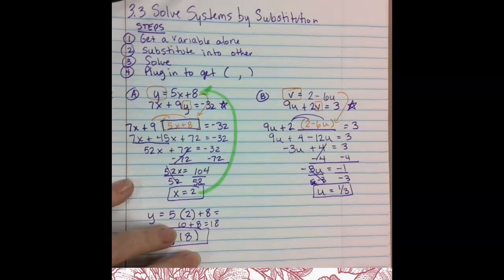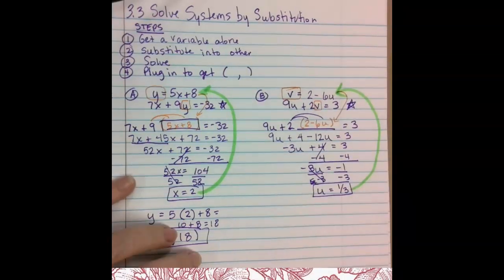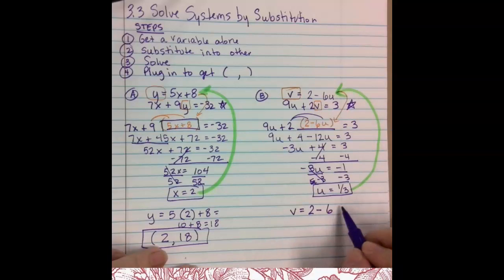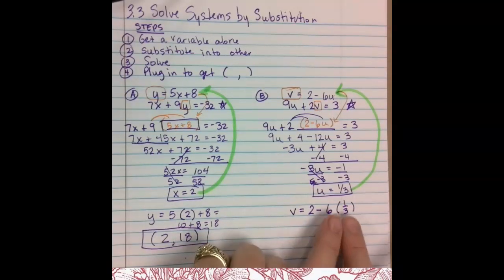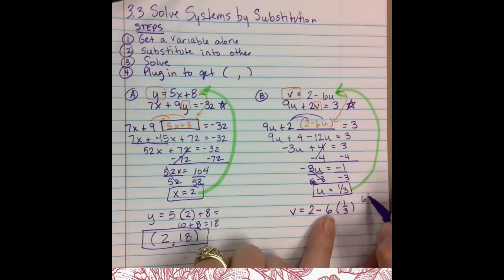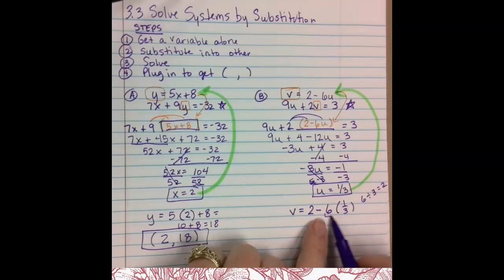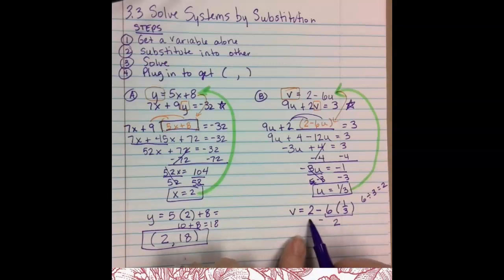Now I have my last step, plug it in to get my point. I'm going to plug it into my first equation up here. So I've got v equals 2 minus 6, and then u is going to be 1/3. This isn't as bad as it looks. In my head, 6 divided by 3 is 2, so this part right here is just 2.